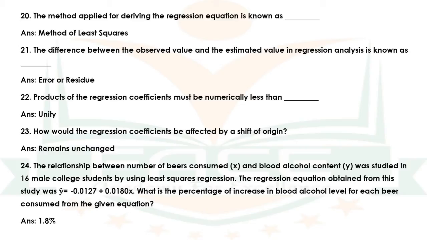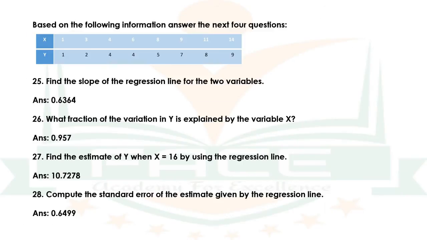What is the percentage of increase in blood alcohol level for each beer consumed from the given equation? The answer is 1.8%.